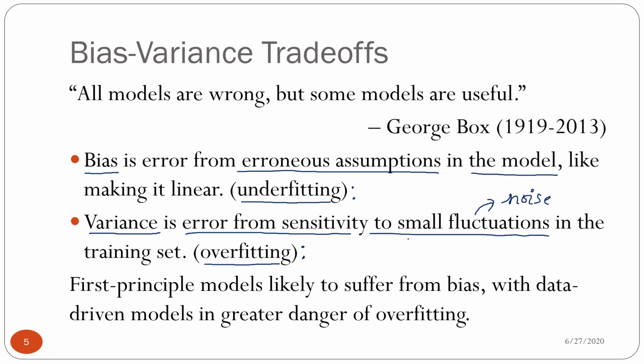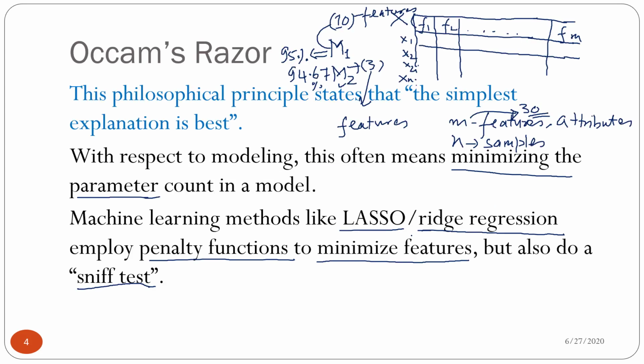You wanted to reduce the training error, so you trained your model so much to the extent that the model learned all the 30 features. Of these 30 features, there were only some features which were correlating with the target. Let me also add one more feature right here, which is the target. The target is something you want to predict.